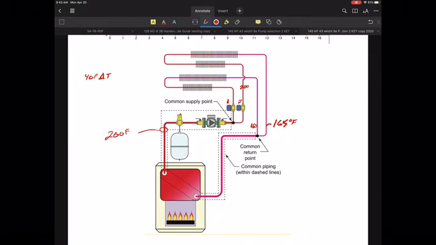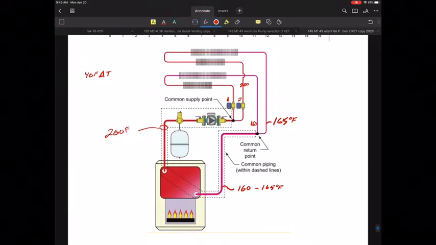So that would also mean that my common return temperature would have to be somewhere between 160 and 165 degrees Fahrenheit, depending on the proportions of how the flow is distributed between those two.